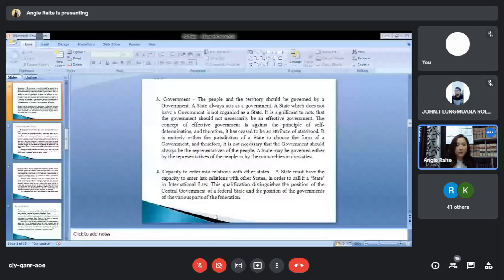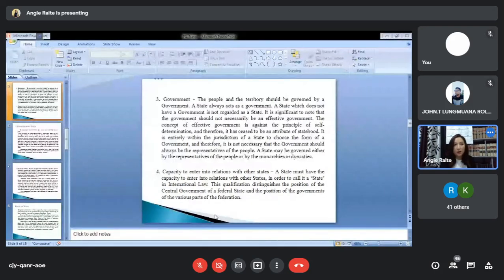And a state may be governed either by the representatives of the people or by monarchies or dynasties under international law. In case of India, we are governed by the representatives. We elected our leaders through vote. So the leaders are our representatives.